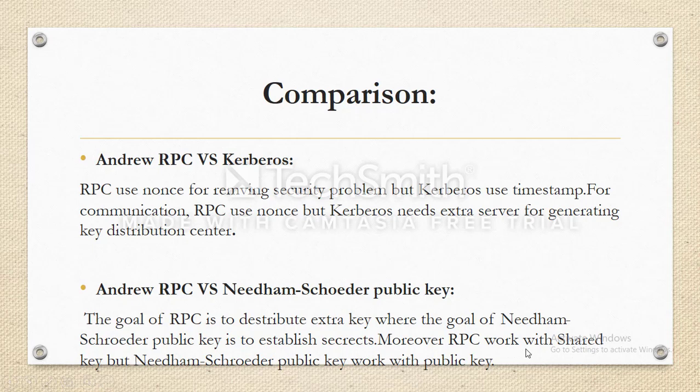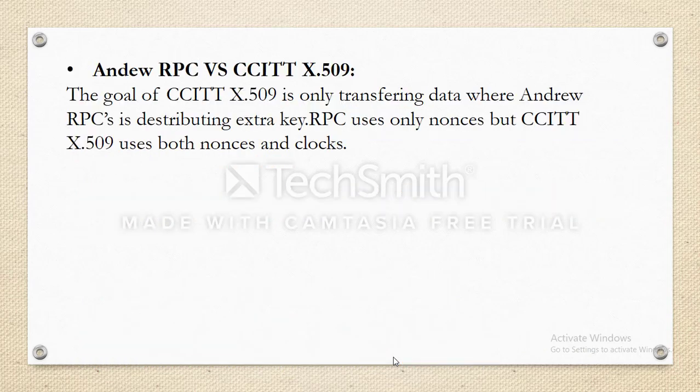Moreover, RPC works with a shared key, but Needham-Schroeder works with a public key. A public key can be accessed by anyone, so it can be harmful for the system. So we can tell that RPC is better than the Needham-Schroeder public key.